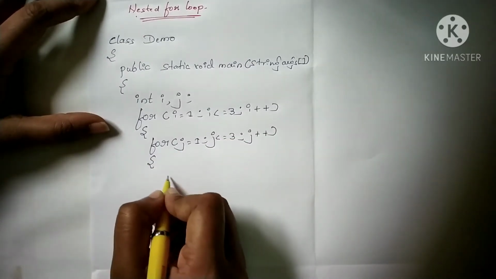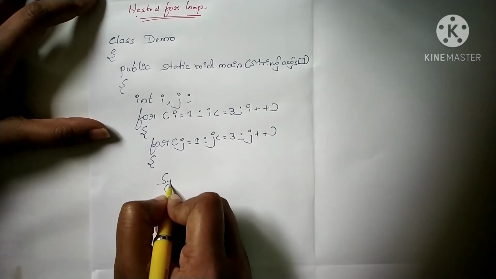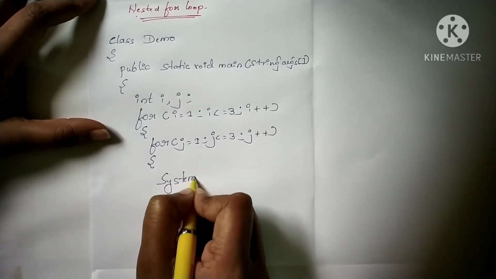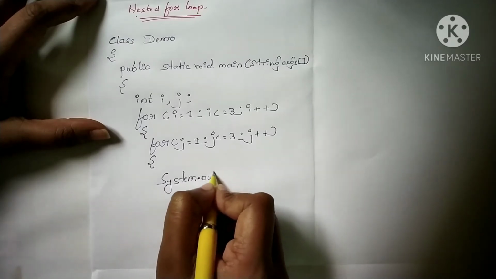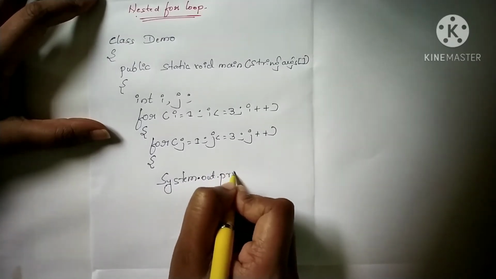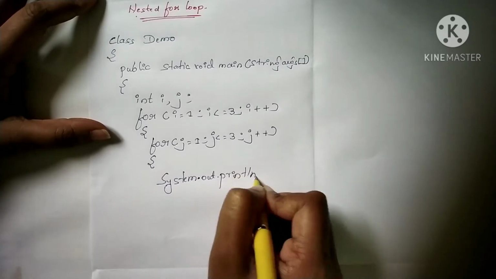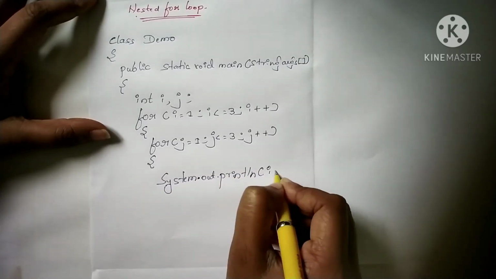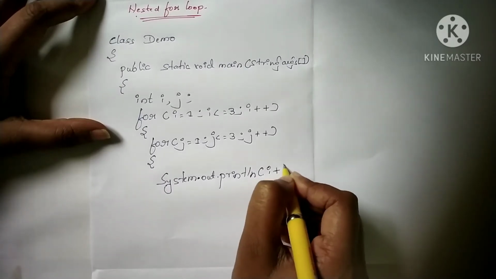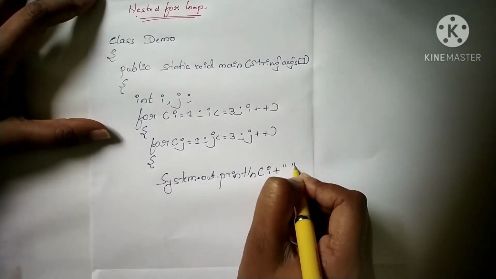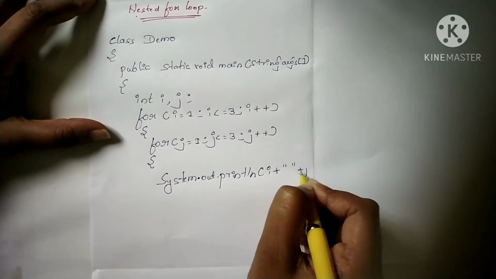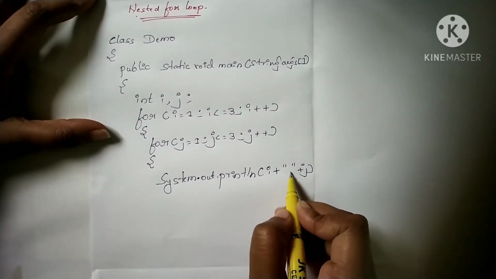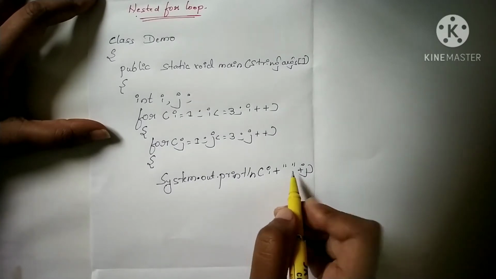In this I am going to print the i and j values with the output line, that is System.out.println. Here I am going to print the i value, then in double quotation a blank space, plus j.